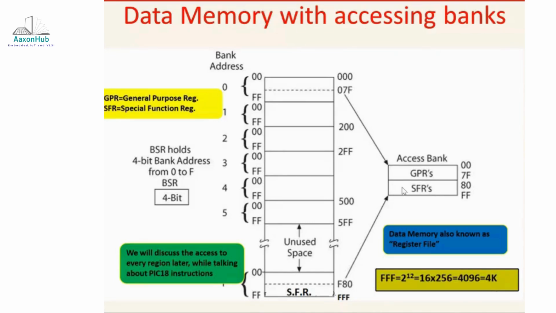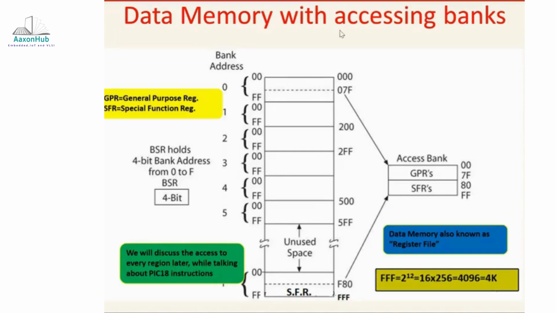Keep this in mind. All bank selection using GPR is from 0 to 14, meaning a total of 15 banks will be selected by your GPR and one bank will be selected by your SFR.